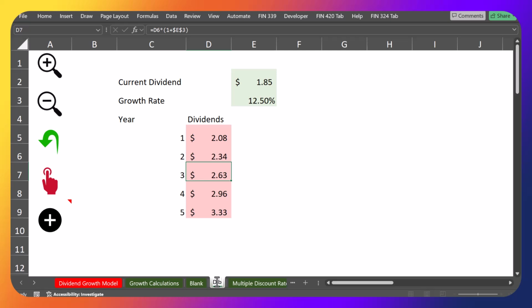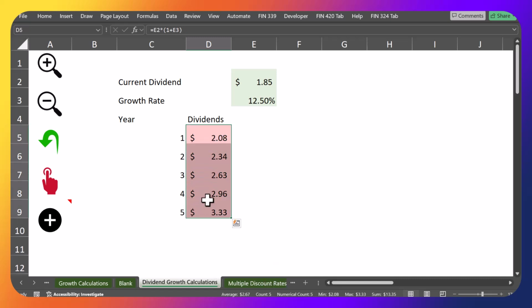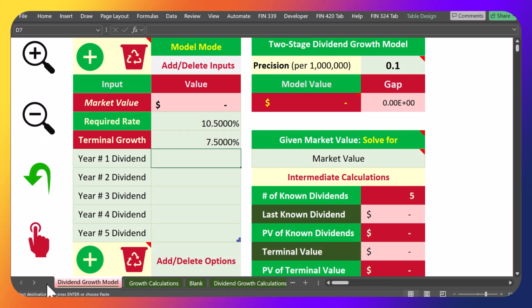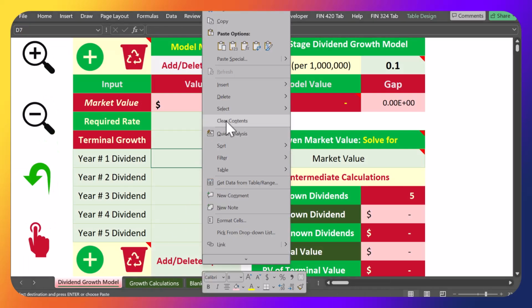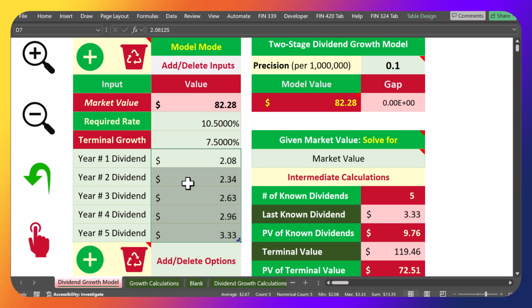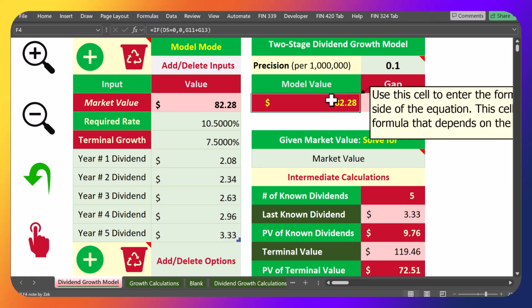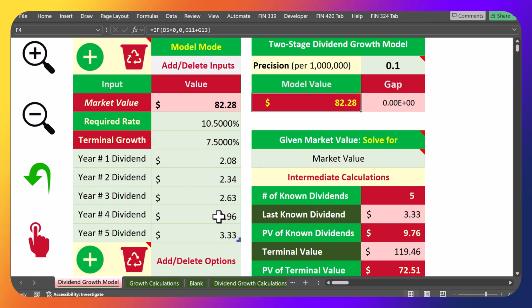Let's call these dividend growth calculations. Let's copy these calculated dividends and paste the values. And all I have to do is read off the value.